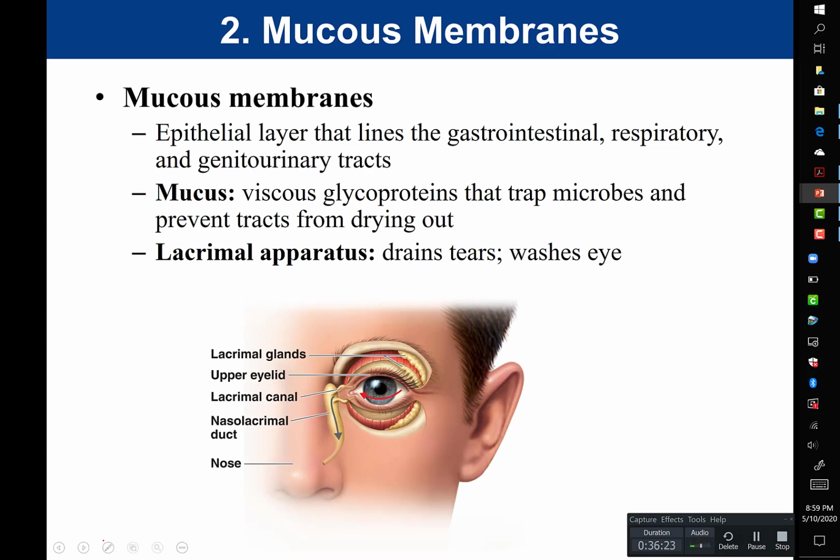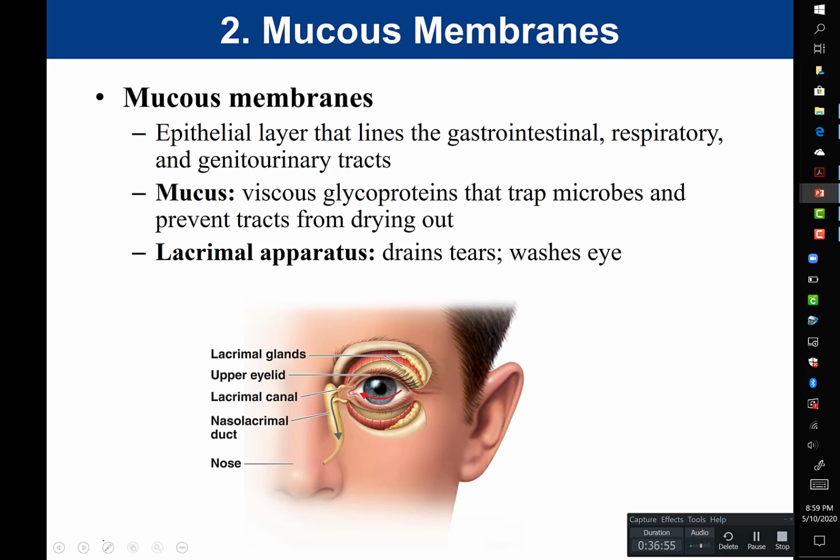So now we're going to talk about the mucous membranes. And the mucous membranes are an epithelial layer that lines the gastrointestinal, so the GI tract, the respiratory tract, and the genitourinary tract. And so these mucous membranes can produce mucus, and mucus is a viscous glycoprotein that traps microbes and prevents the tracts from drying out.